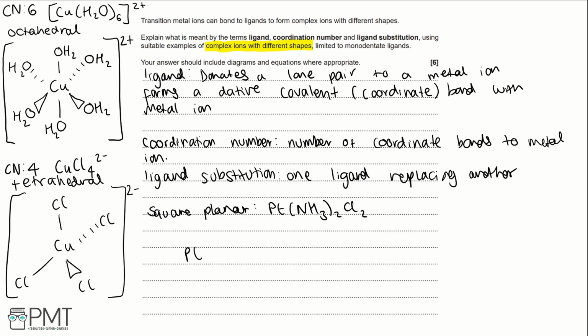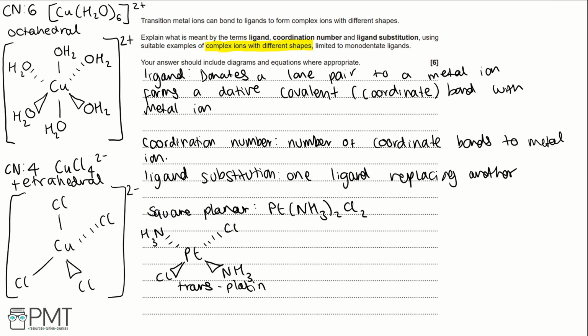So if we have platinum in the middle and we have our wedges to show the square planar arrangement, we can either have the ligands being on opposite sides, making sure that the nitrogen of the ammonia is the one bonding to platinum. This would be trans because it's on opposite sides, so transplatin.